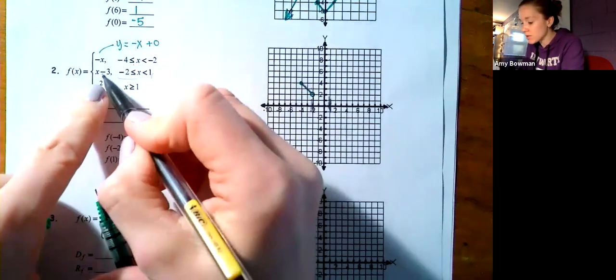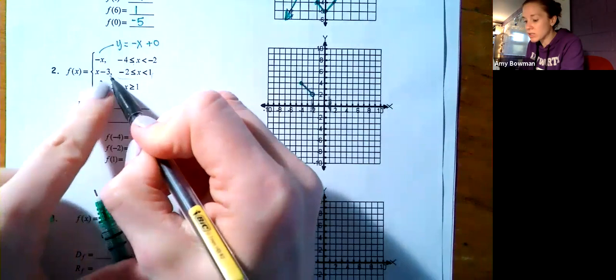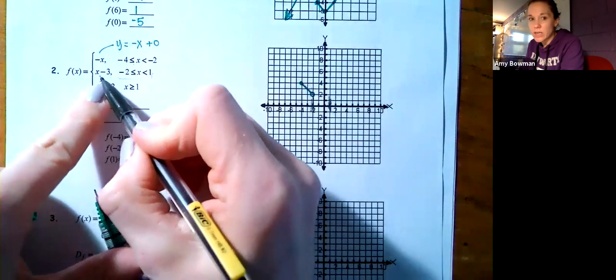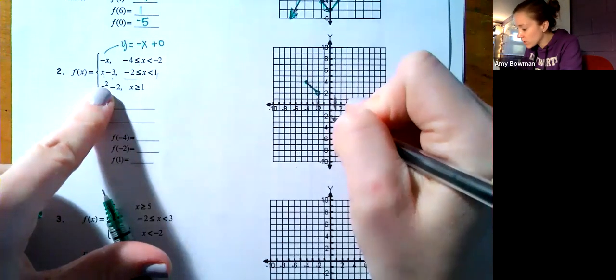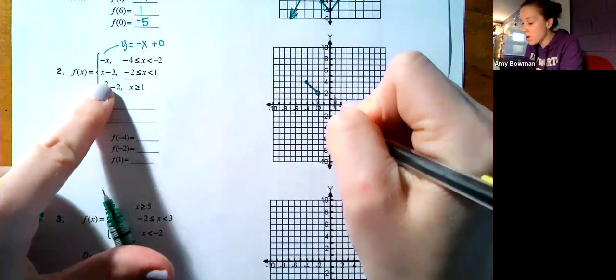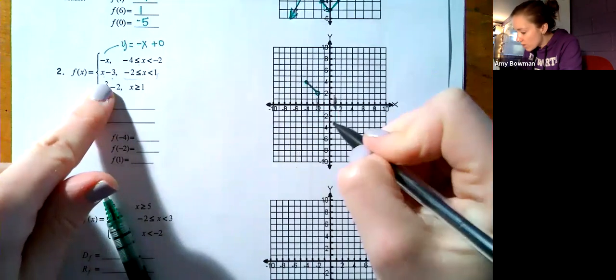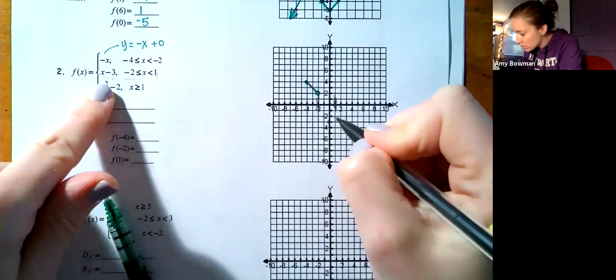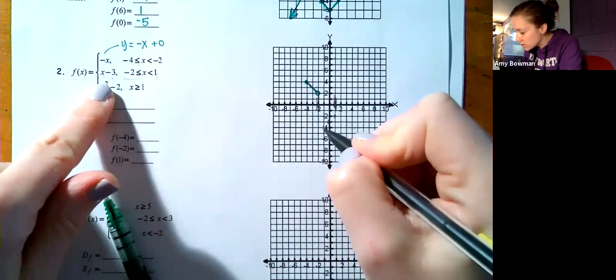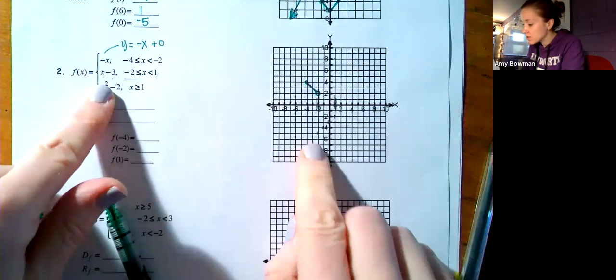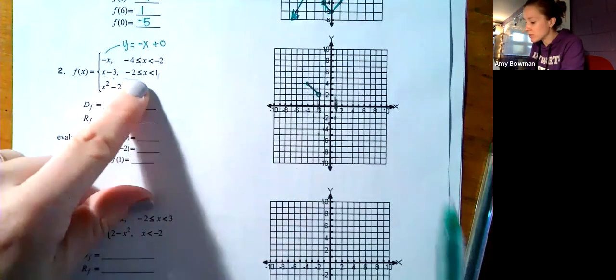Then I have this other linear function, x minus 3. So that's a linear relationship with a y-intercept of -3 and a slope of +1, but only on this little window of x's. All right, so at -2, that's included.